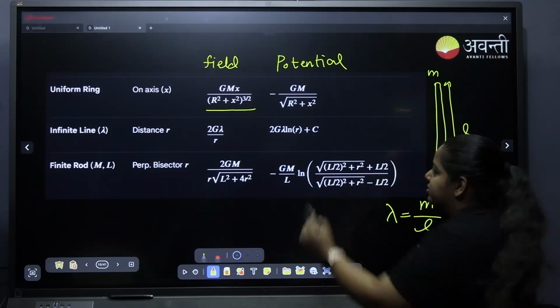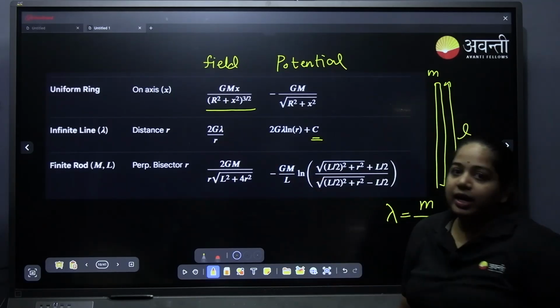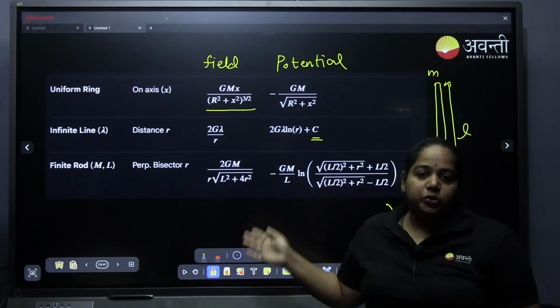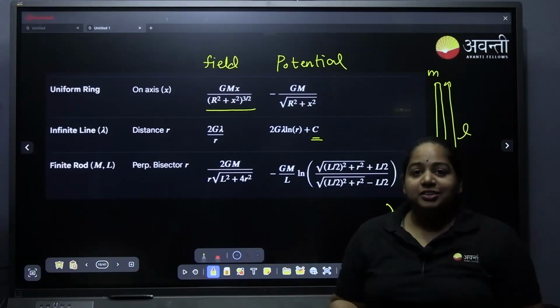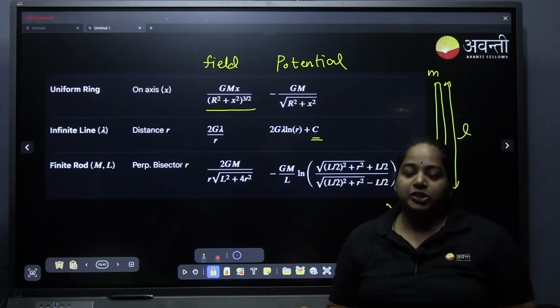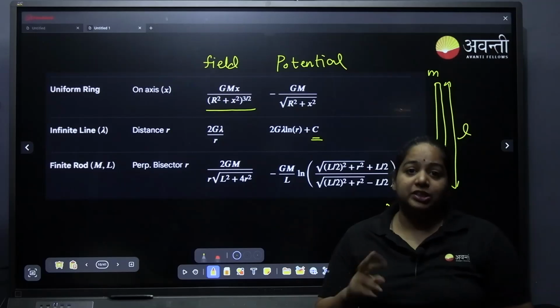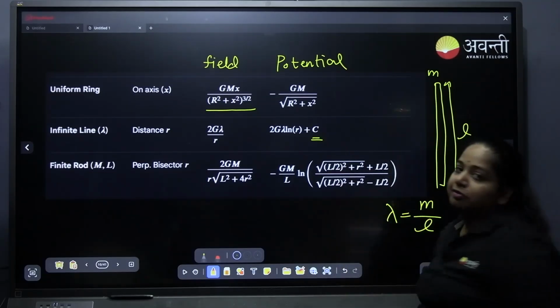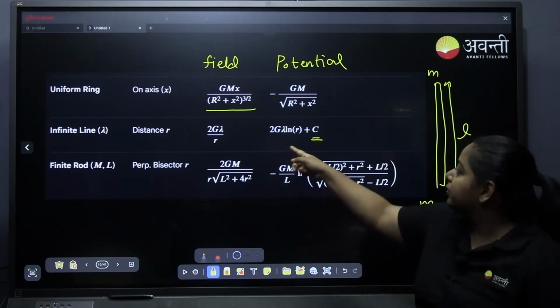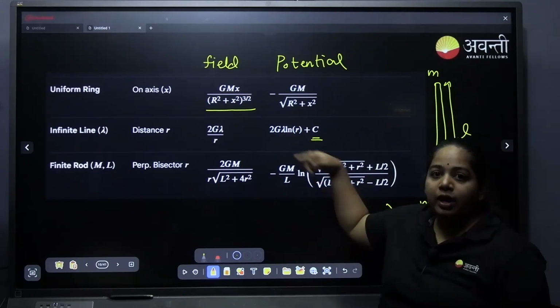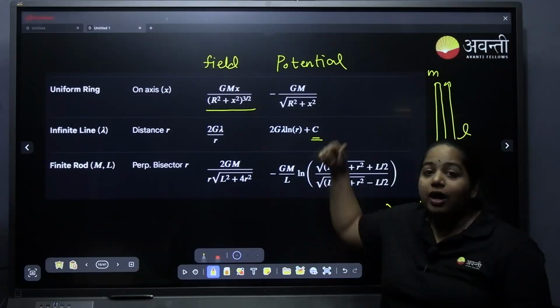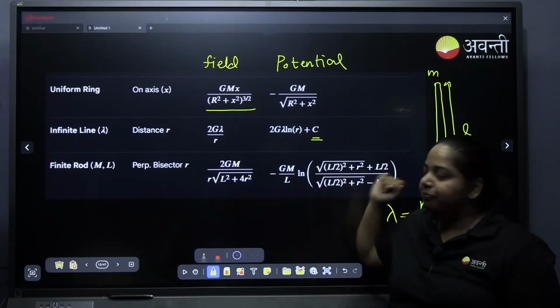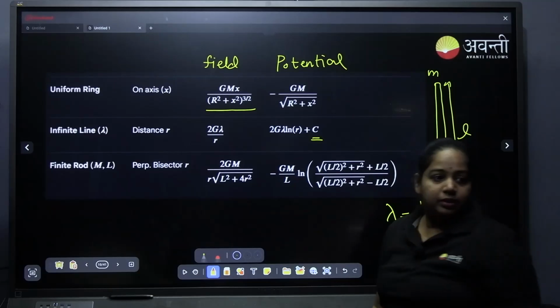Here c is a constant. As you already know, for a line mass distribution we cannot find potential at a point, we can find potential difference. So that's why this extra c is coming. If you are finding potential difference, it will be 2G lambda log ri by rf or rf by ri, like that it will come. Is there any doubt?